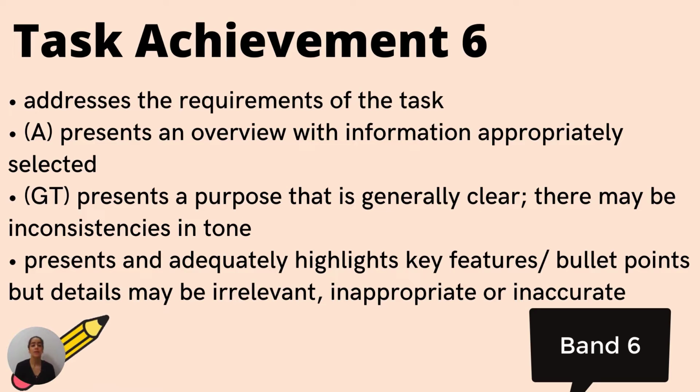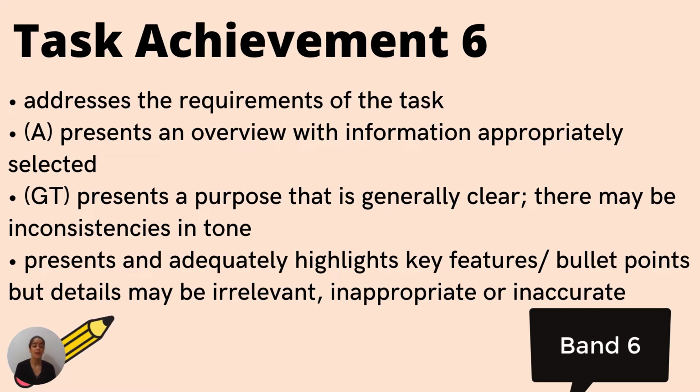For academic students, we see that they present an overview with information appropriately selected. So in order to get 6, you need to have an overview. Otherwise, you will be downgraded to 5. And for general training candidates, we need to see a purpose that is generally clear. There may be inconsistencies in tone.